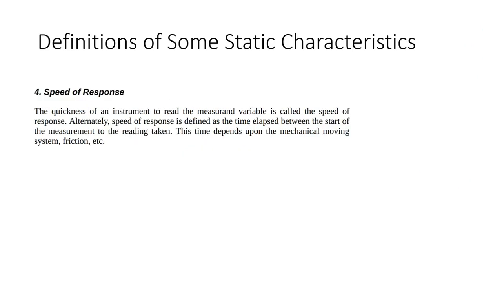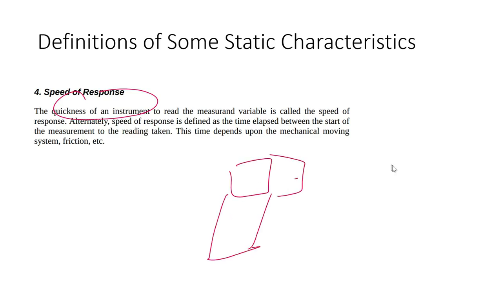Now speed of response. Speed of response is actually the quickness of an instrument to read, to calculate. You might have seen that if we use a thermal gun or temperature gun which uses a laser for calculating the temperature, this directly gives us the temperature.